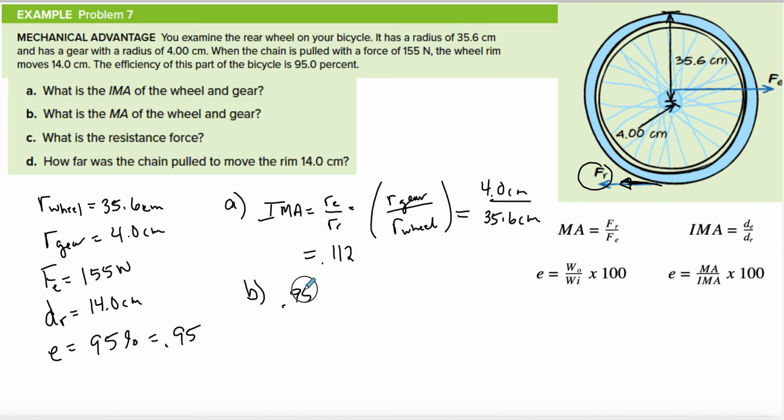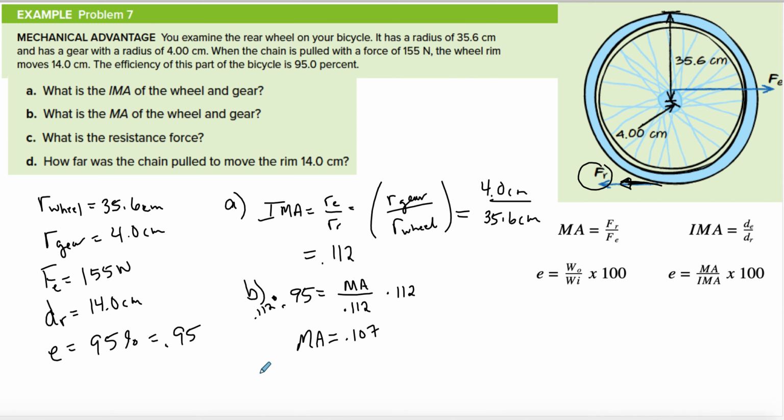So 0.95 is my efficiency, my mechanical advantage I don't know yet but I'll calculate it, and my ideal mechanical advantage is 0.112. Some simple math there, multiply by 0.112 on both sides, and we get a mechanical advantage of 0.107.